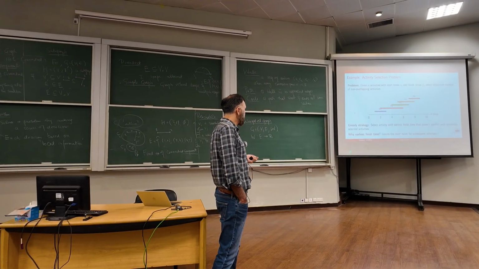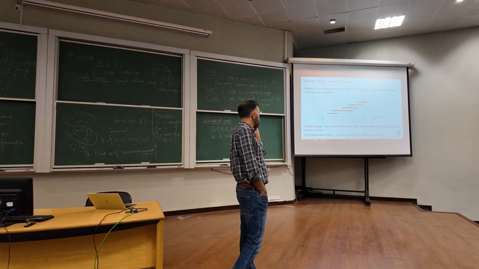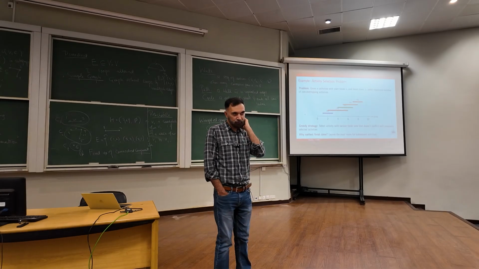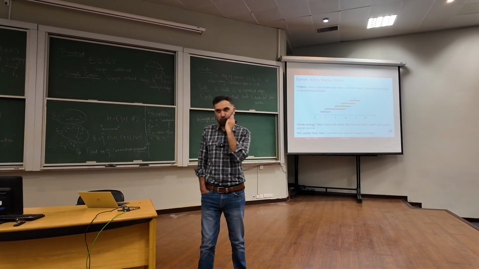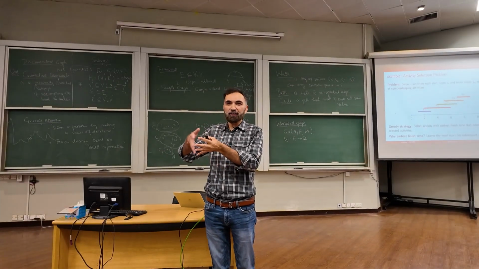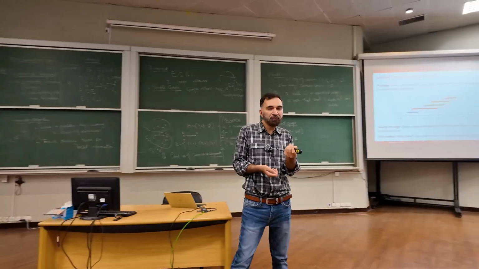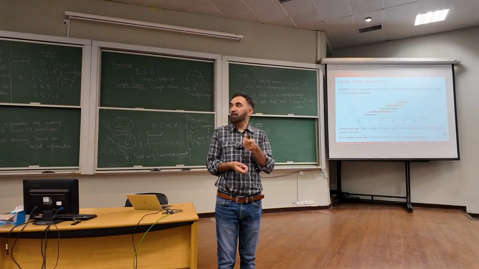So here's a greedy strategy. It says: select the activity with the earliest finish time that does not conflict with previously selected activities. This is greedy because I don't care about any activities that I have to do in the future. I only care about this particular activity and any overlapping activity at this point.